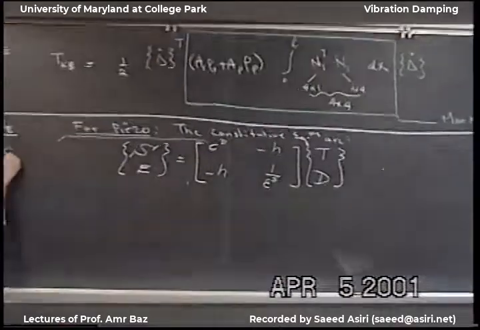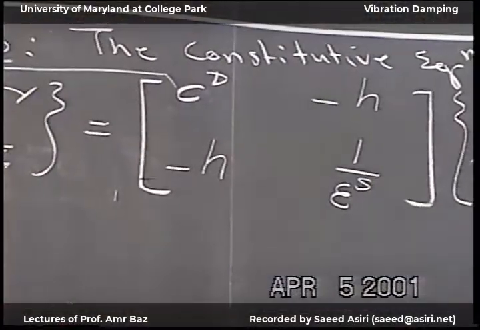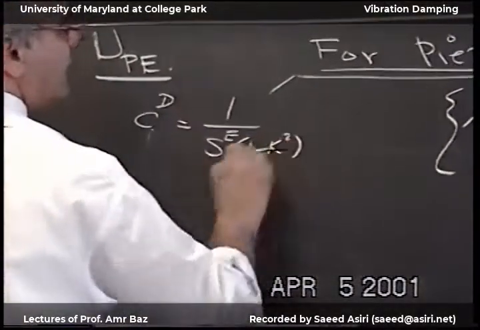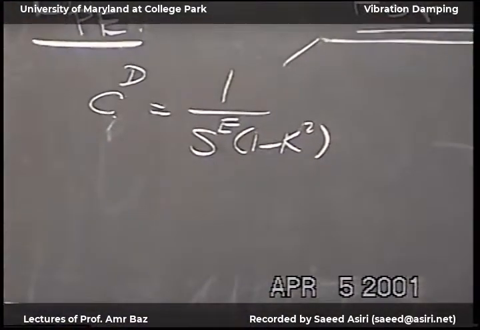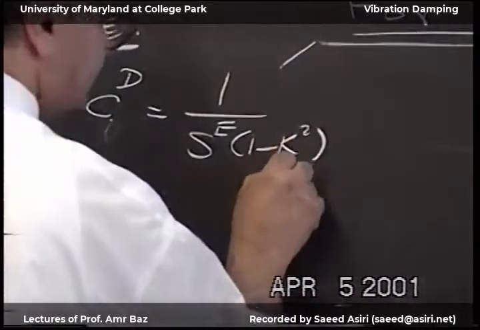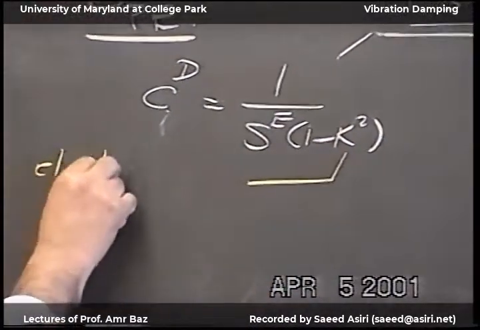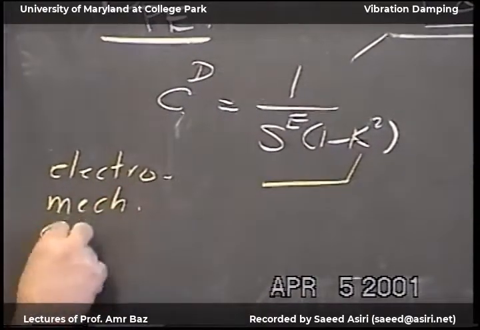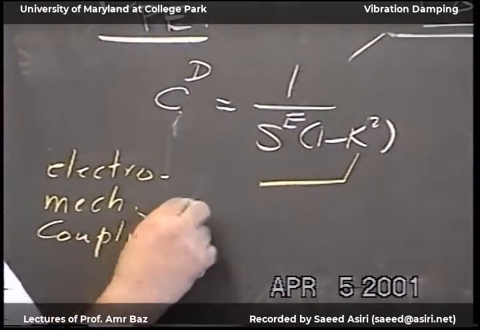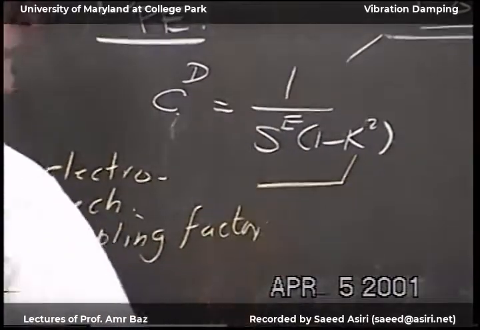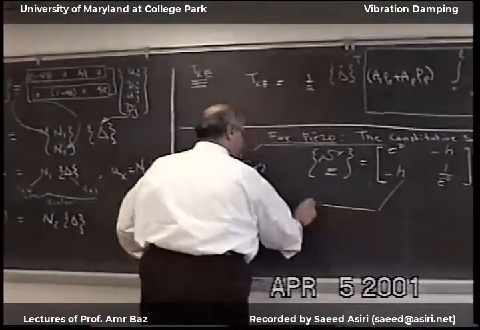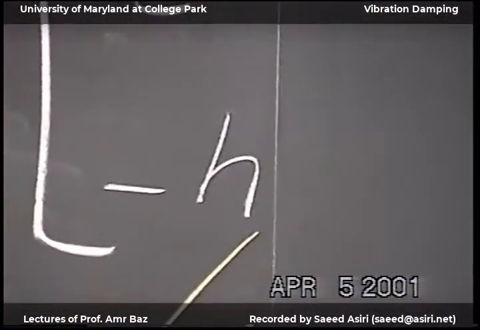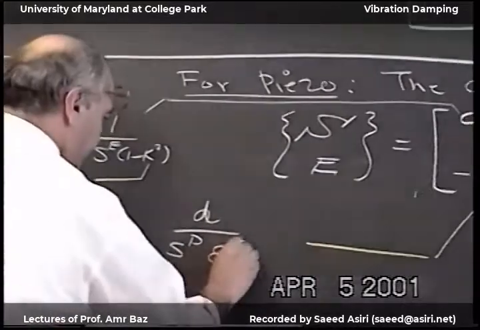So this CD is 1 over SE, 1 minus K squared, the electromechanical coupling factor. And H was D over SD epsilon LT.